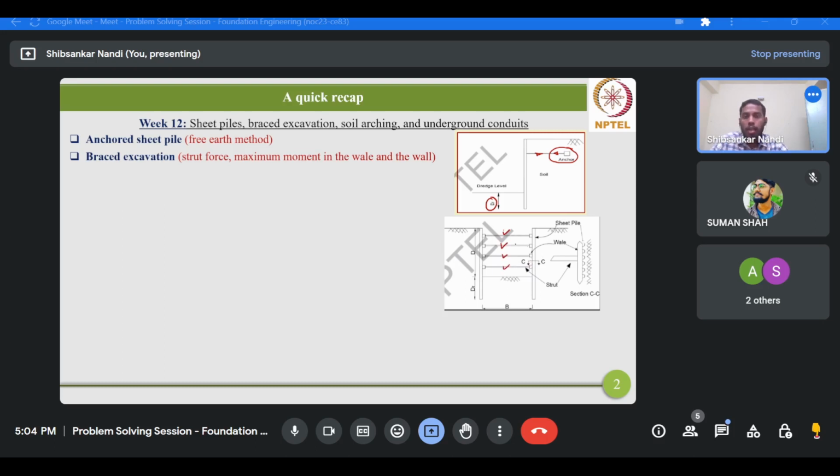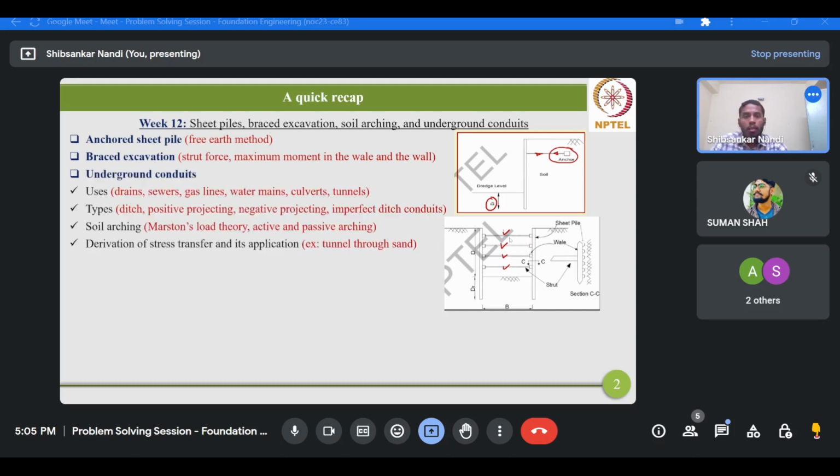I hope by this time you know all these terminologies involved in a braced excavation. The main objective in this kind of problem, as a geotechnical engineer, is to determine the axial force in the strut and the maximum movement in the wall and the wale. We'll see that through some numerical example problems in this session.